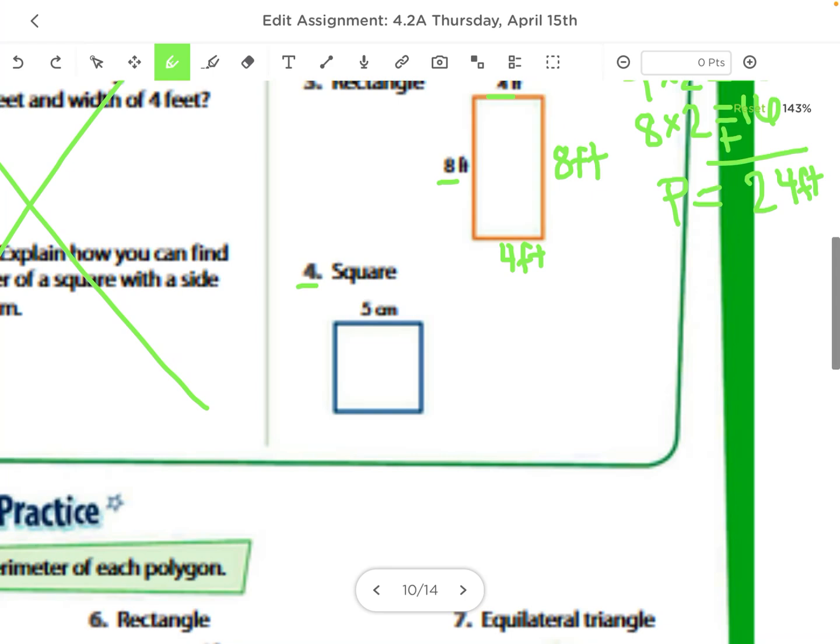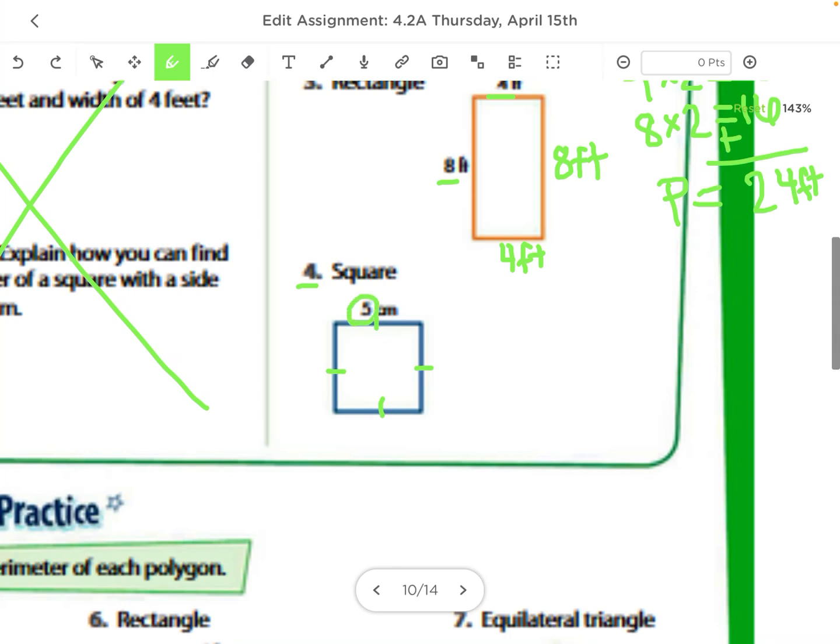Now in number 4, we have a square. What is unique about the quadrilateral, a square? All of the sides have the same length.